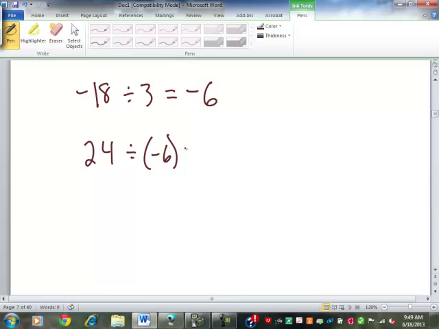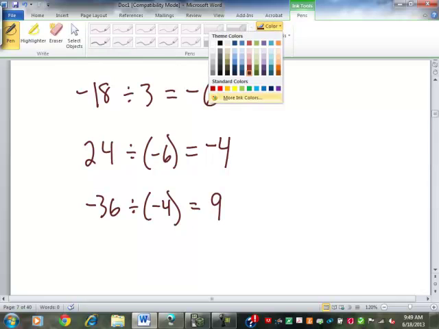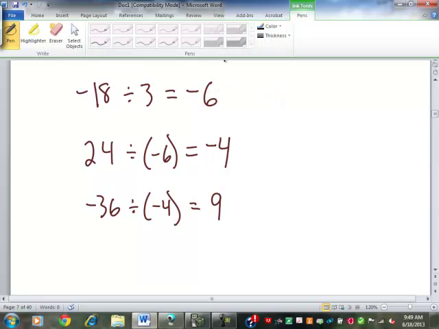A positive divided by a negative will be negative. 24 divided by negative 6 will be negative 4. And a negative divided by another negative will be positive. Negative 36 divided by negative 4 will be a positive 9. Good. Any questions?